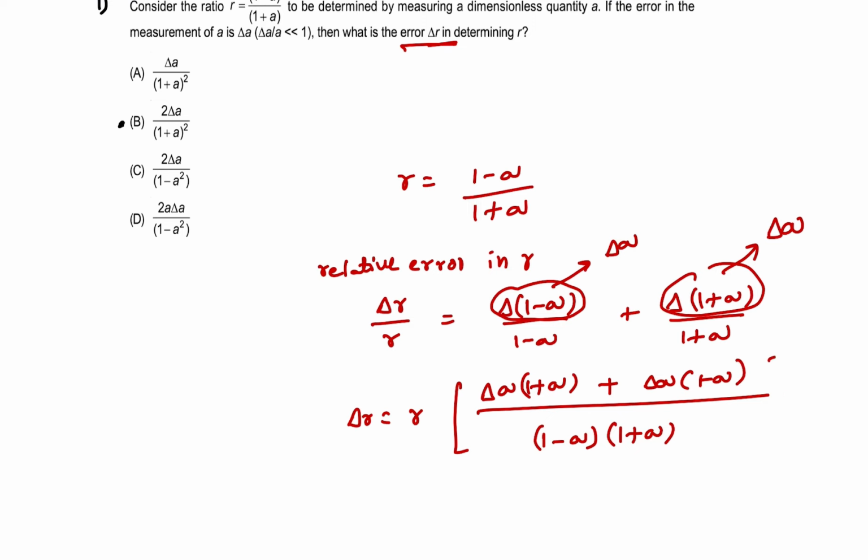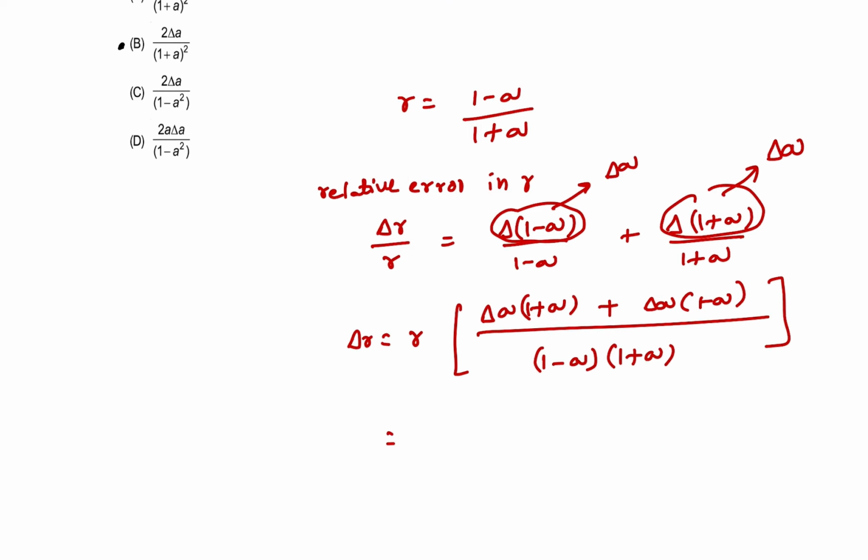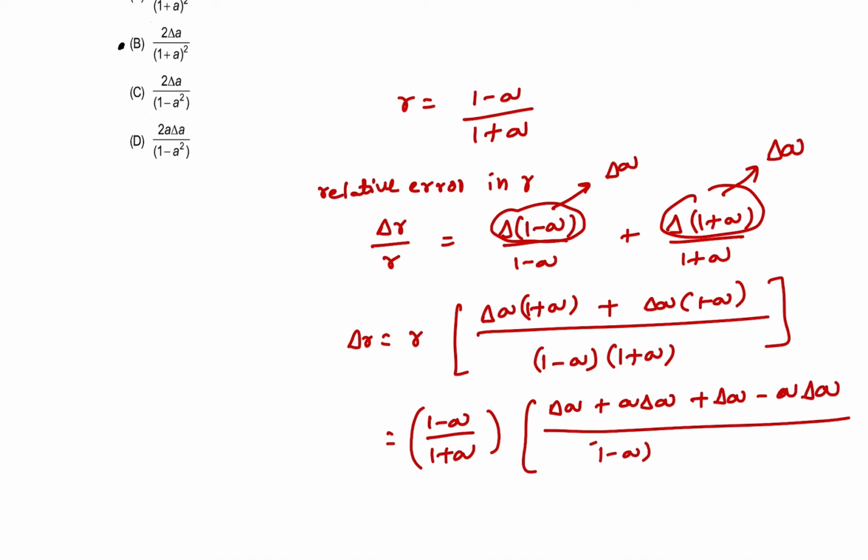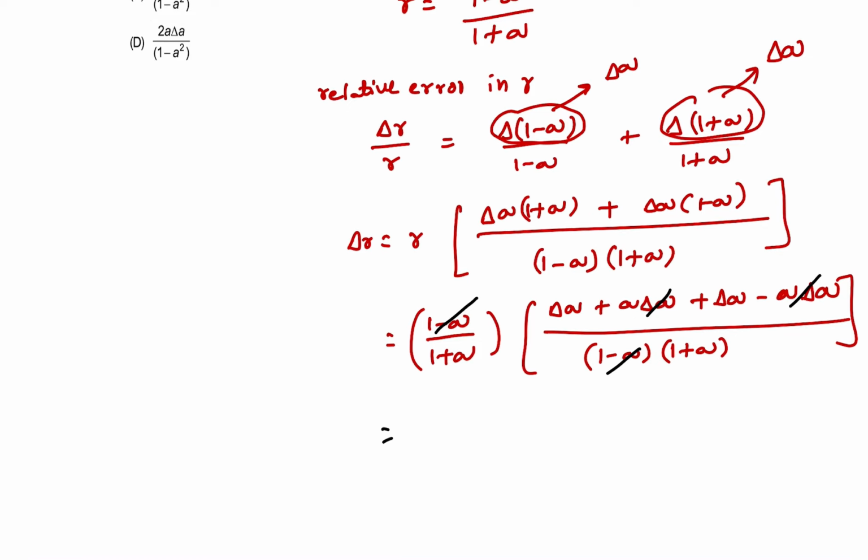So finally we get delta a into 1 plus a plus delta a into 1 minus a. With r as 1 minus a by 1 plus a, this is r into delta a plus a into delta a, plus delta a minus a into delta a, whole divided by 1 minus a into 1 plus a. Here 1 minus a and 1 minus a get cancelled, and minus a delta a and plus a delta a get cancelled.